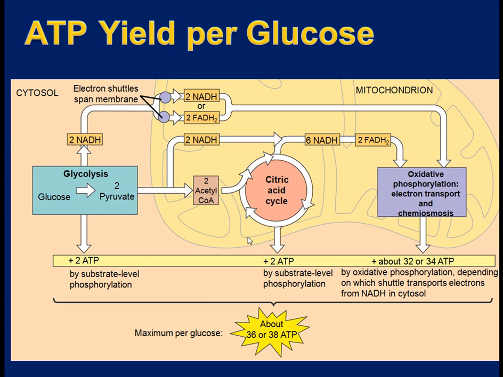We see the variation once again up here with those 2 coenzymes coming in from glycolysis. They can either be NADH or, at a lower energy yield, FADH2. In essence, we are making approximately 36 to 38 ATP molecules per glucose.